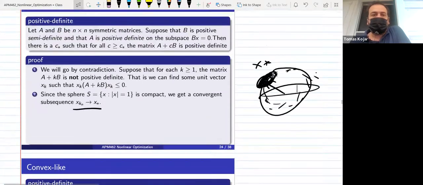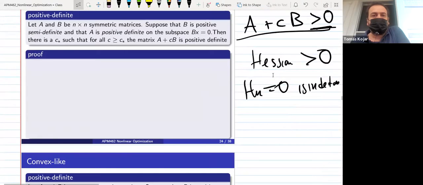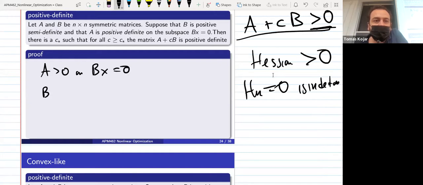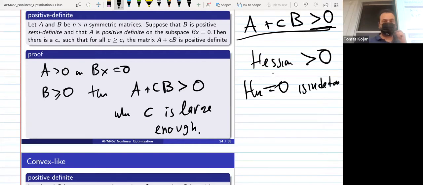Okay, that's all. So you have these conditions, and you go back to the lemma we proved last time. We proved that if A is positive on the null space and this is always positive, then A plus cB is strictly positive when c is large enough.